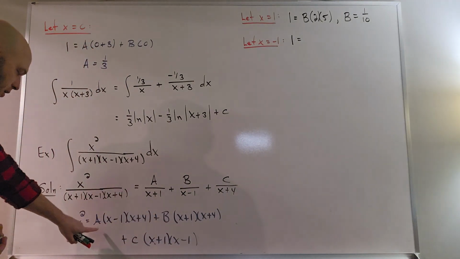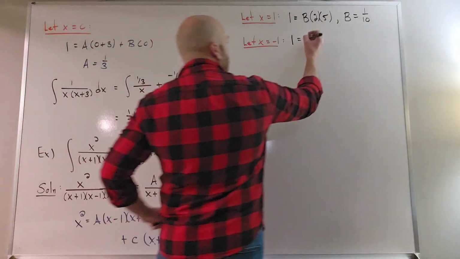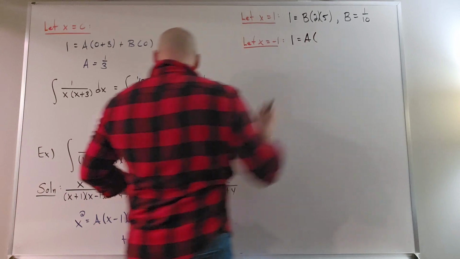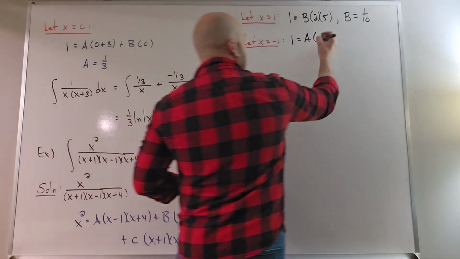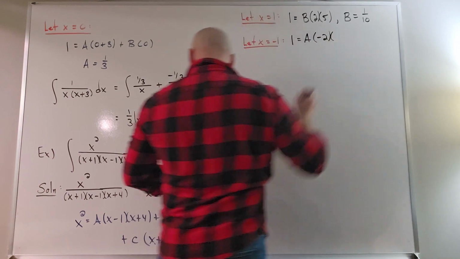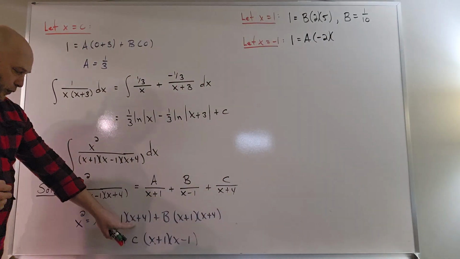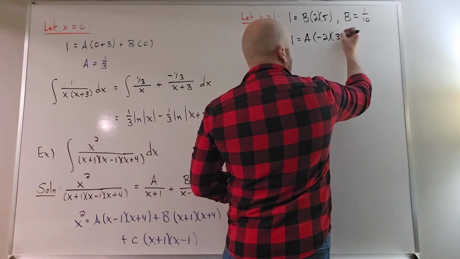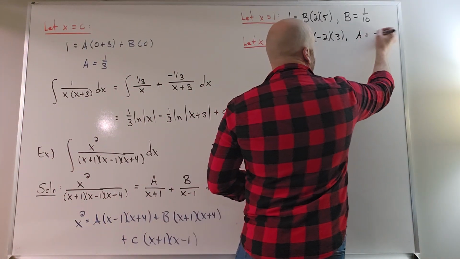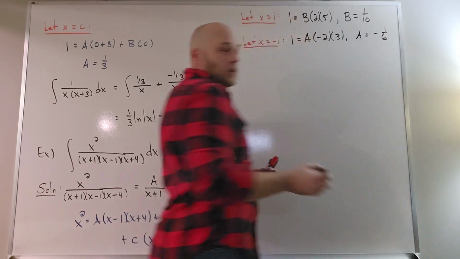The only thing that's non-zero would be the a term. Negative 1 minus 1 would be negative 2. Negative 1 plus 3 would be positive 3. Therefore, a would be negative 1/6.